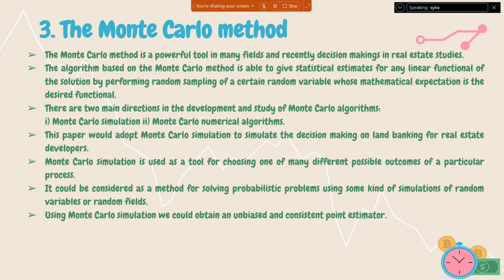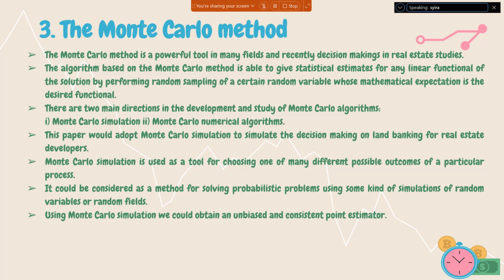There are two main directions in the development and study of Monte Carlo algorithms. First, we have Monte Carlo simulation, and second, Monte Carlo numerical algorithm. In this paper, we adopt Monte Carlo simulation to simulate the decision making on land banking for real estate developers.